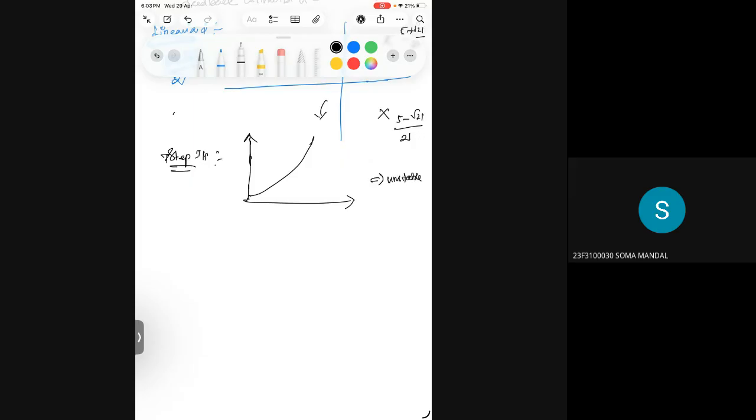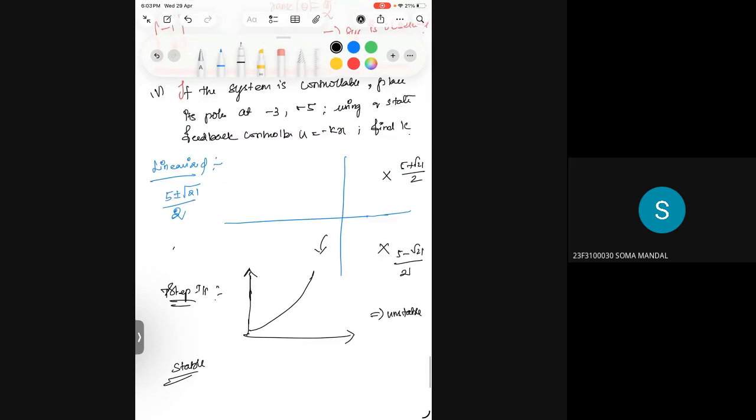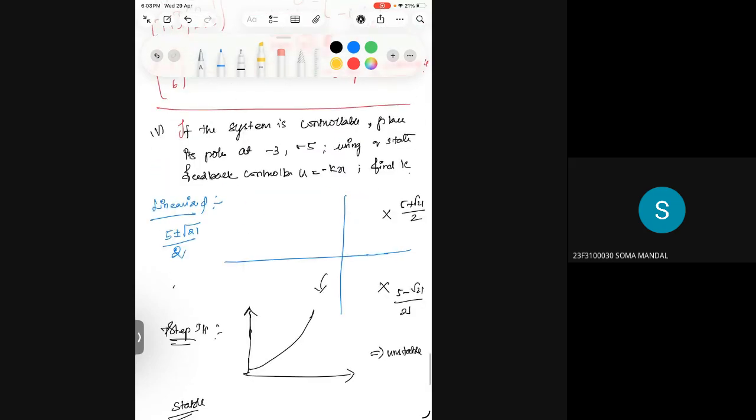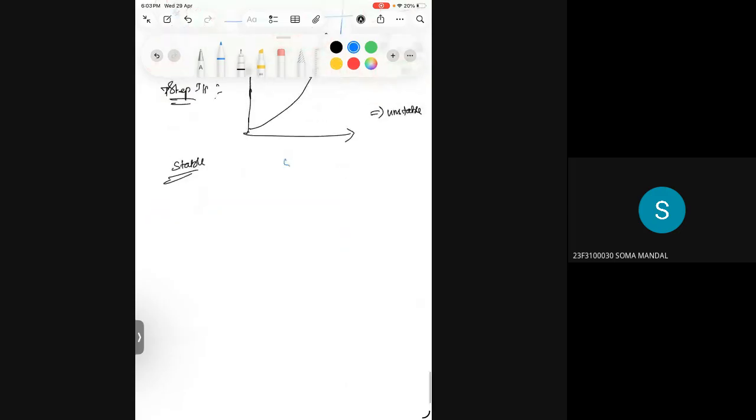I want to make the system stable, and the question reflects that they are requesting us to place the poles at -5 and -3. So instead of 5 plus root 21 by 2 and 5 minus root 21 by 2, they're asking us to keep the poles at -3, -5.